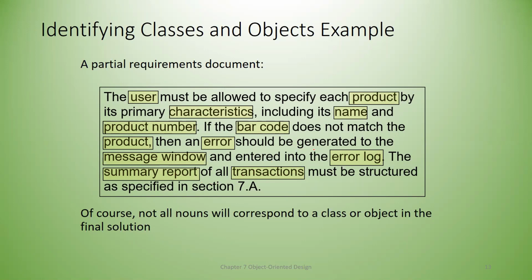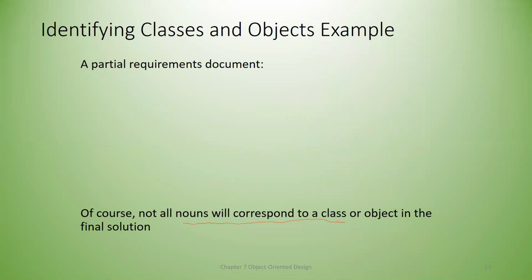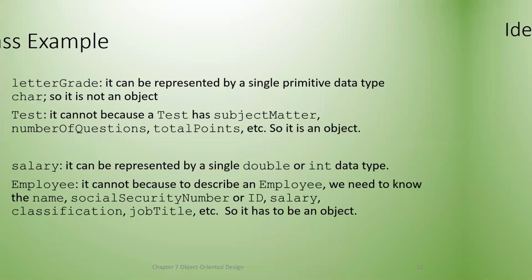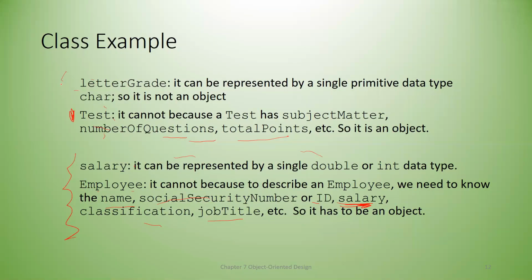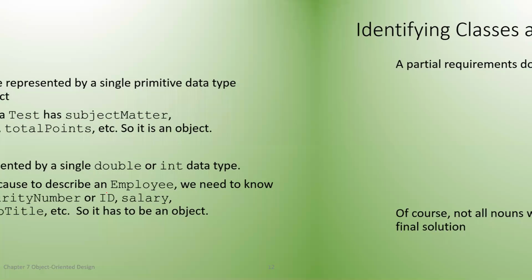The summary report of all transactions must be structured. Of course, not all nouns will correspond to a class. We already discussed that, right? Letter grade is a noun, but it should not be a class because it's an attribute of something else. Salary is a noun, but it's not a class because it's an attribute of something else, right?